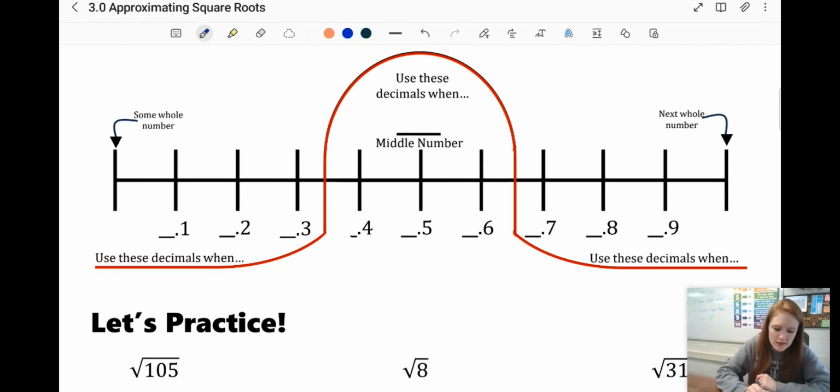So notice here we have this whole number, okay? This could be 5. Then over here we have the next whole number. This could be 6.